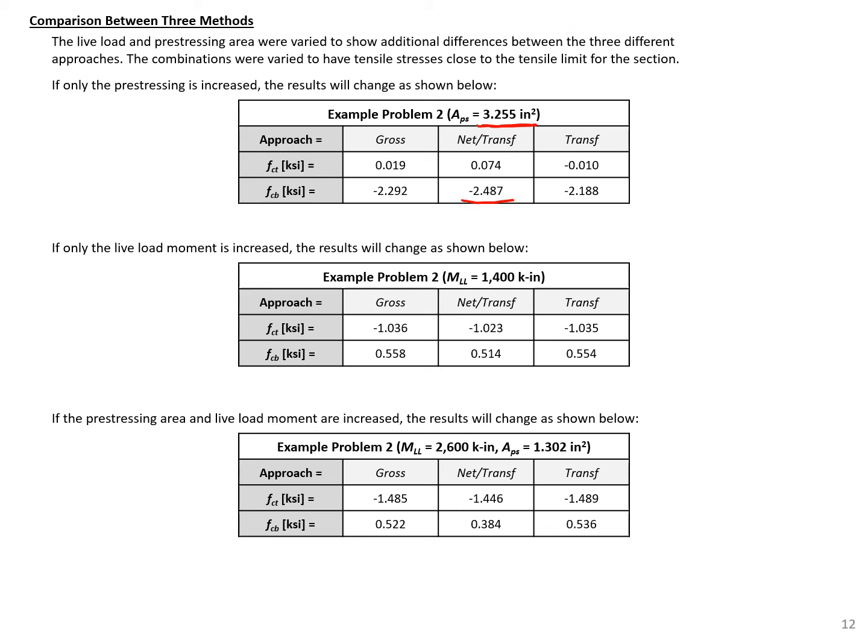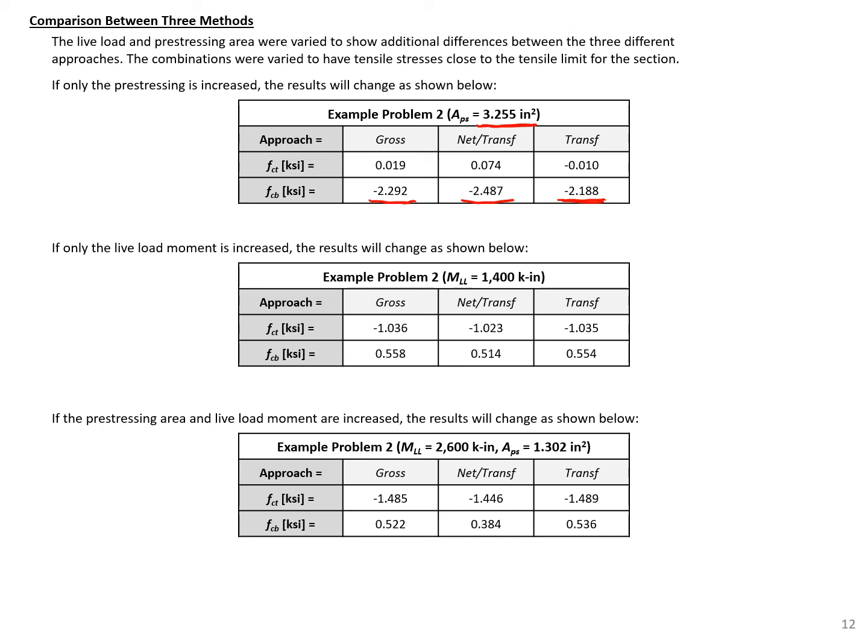This is because we use our net section to find our stresses due to pre-stressing, and our net section doesn't include any pre-stress area. Our transformed area, on the other hand, and gross section does include the pre-stress area in the section, and our transformed approach actually transforms the pre-stressing to resist the forces from our pre-stressing.